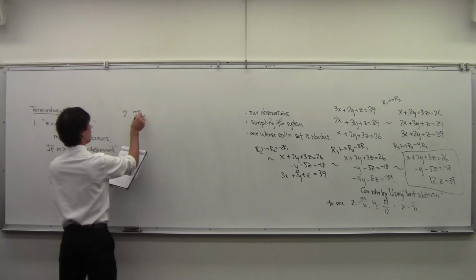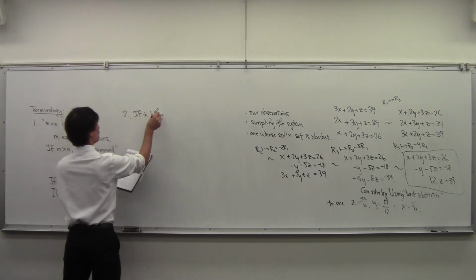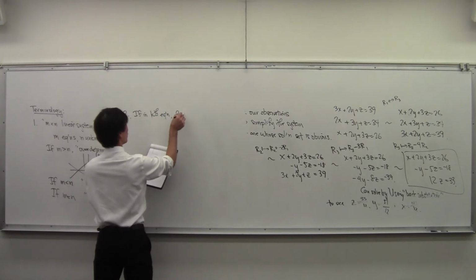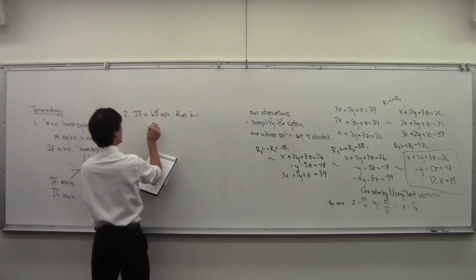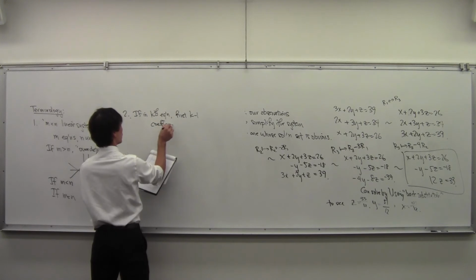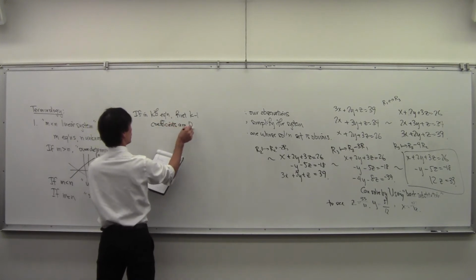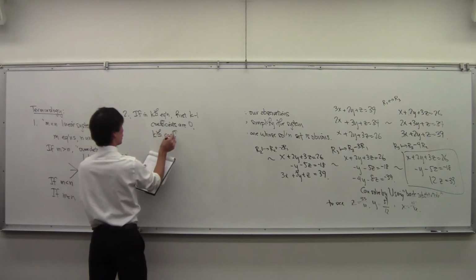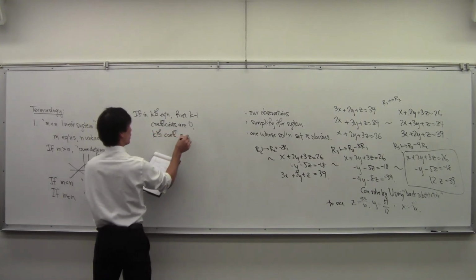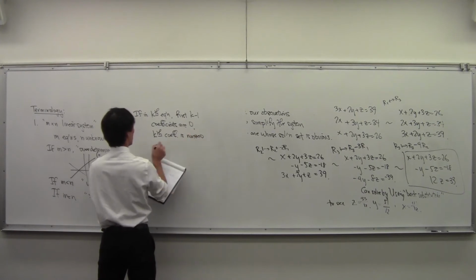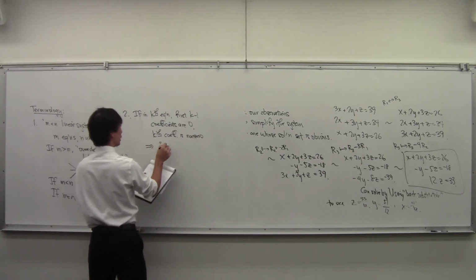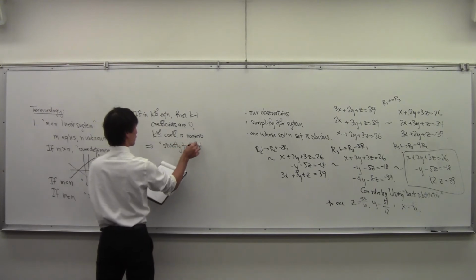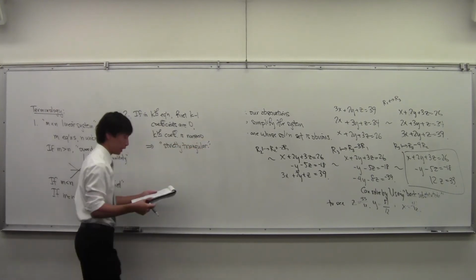If in the kth equation the first k minus 1 coefficients are 0 and the kth coefficient is non-zero, then we call it strictly triangular.